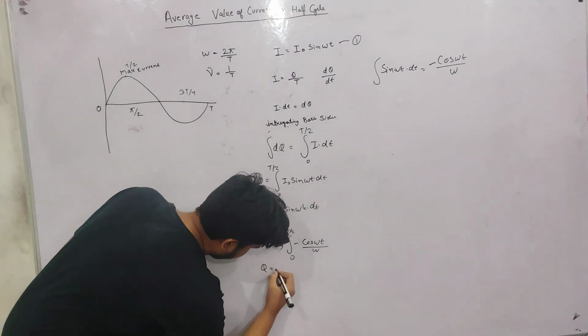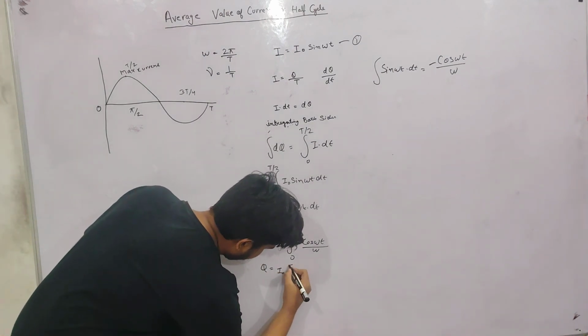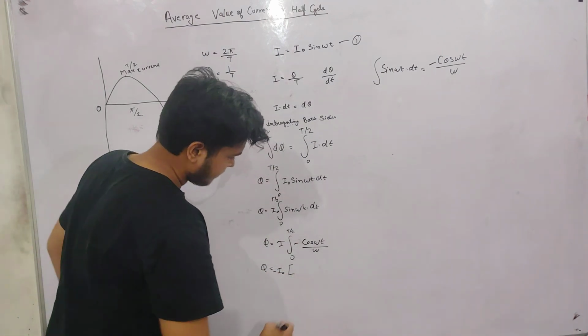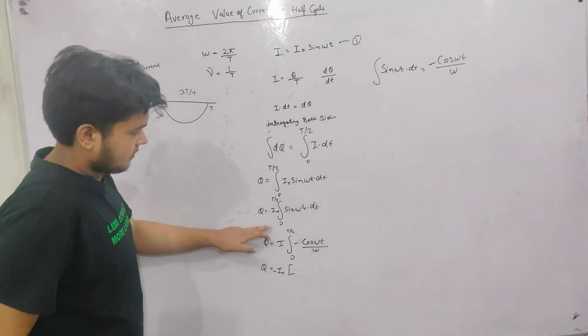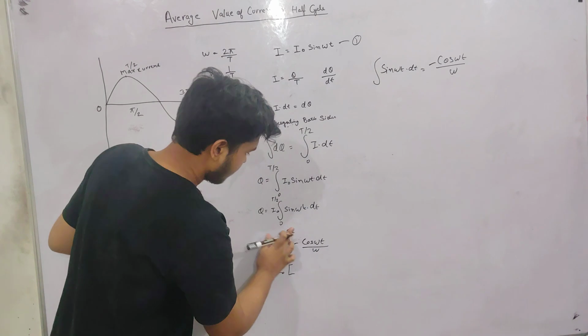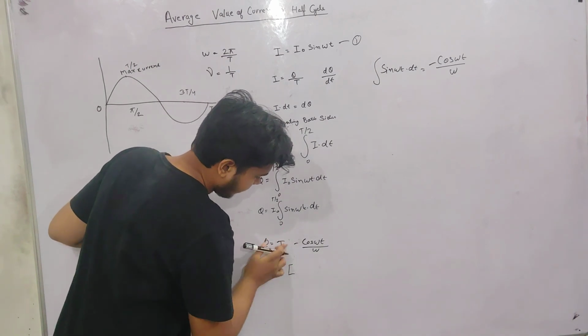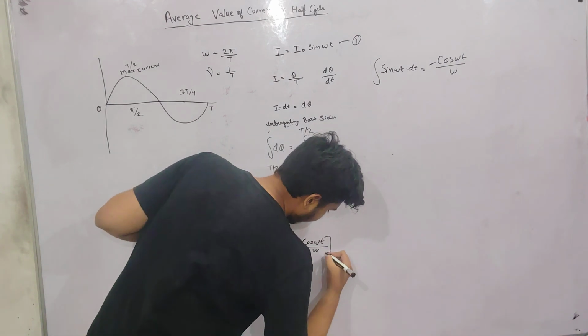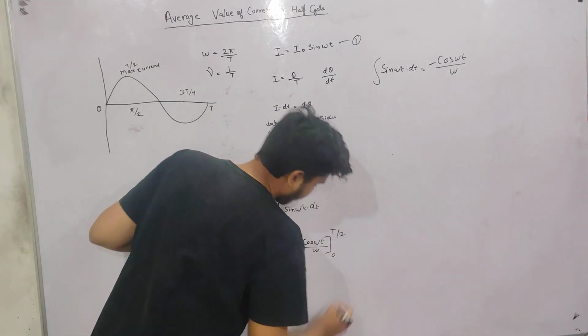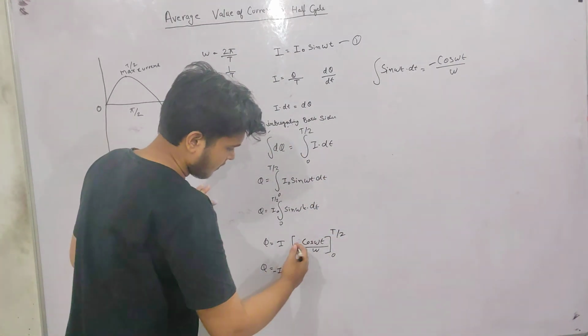Now we can write q equals I naught, and the integral sign goes away, leaving minus cos omega t upon omega. After integrating we write in brackets the upper limit and lower limit, where the lower limit is 0 and the upper limit is T by 2.